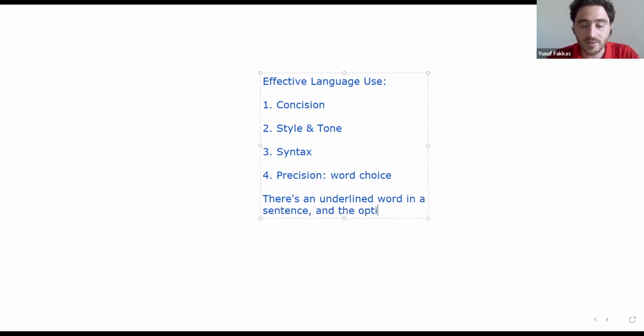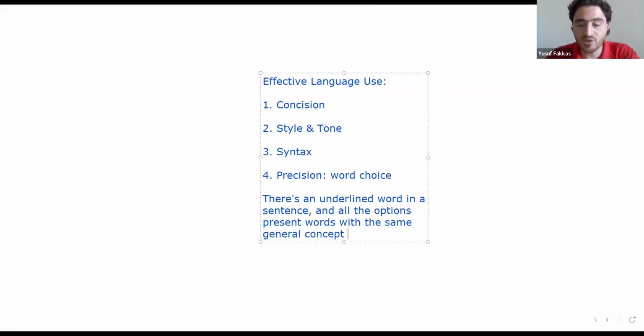And all of the options, A, which is the sentence already there, and the other options, B, C, and D, present words with the same general concept, which means they all have the same general meaning.